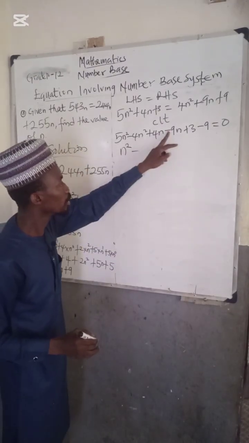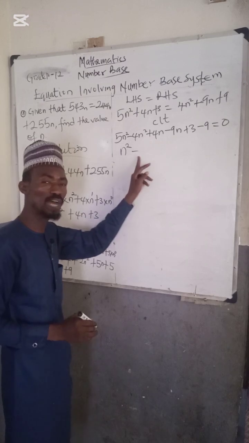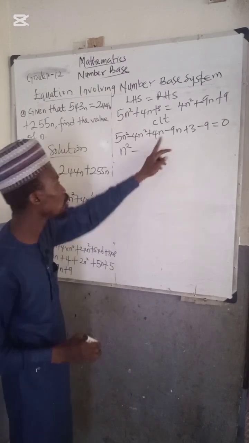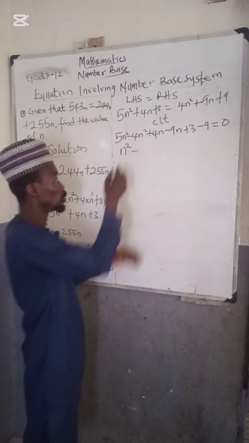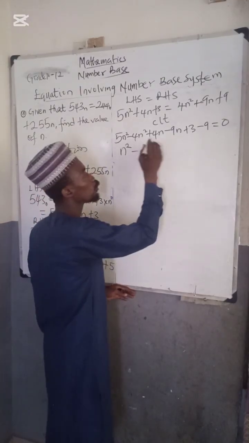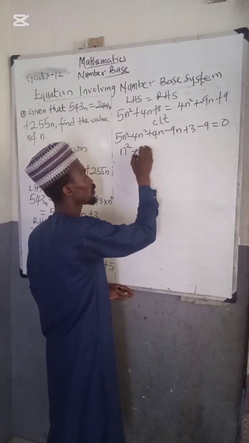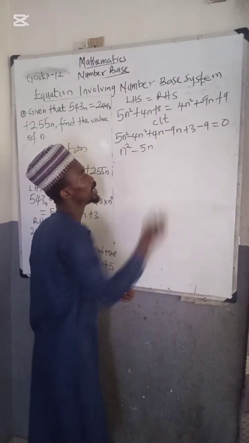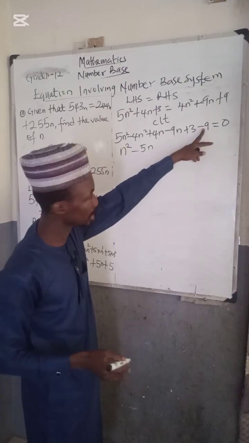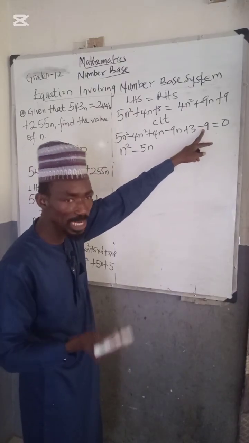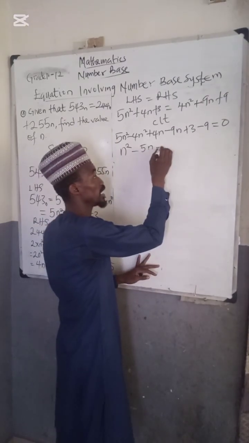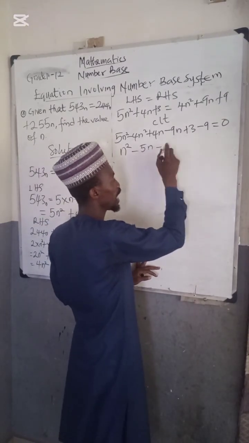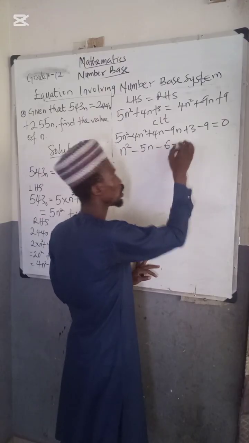Had it been smaller, then you would have had positive. But since the coefficient with negative is higher, you must have negative. So 4 from 9, you have 5n. Again, the constant with negative value is higher in digit than the constant with positive value, so you must have negative. 3 minus 9 equals 6, equals to what? 0.